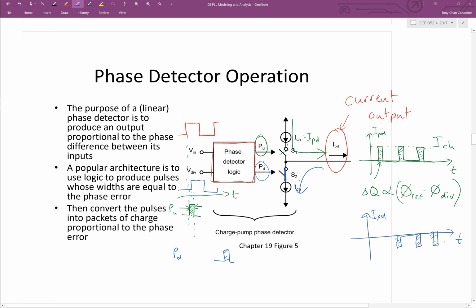So some charge would get sucked off whatever the next circuit is. And again, the width of those current pulses is proportional to the phase error. The height of those pulses is determined by ICH.